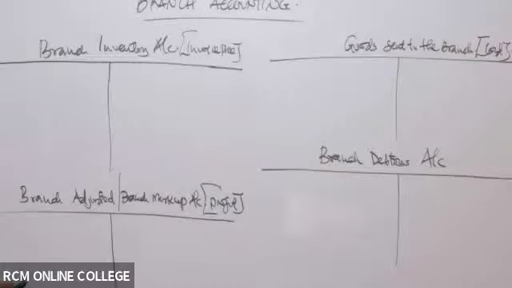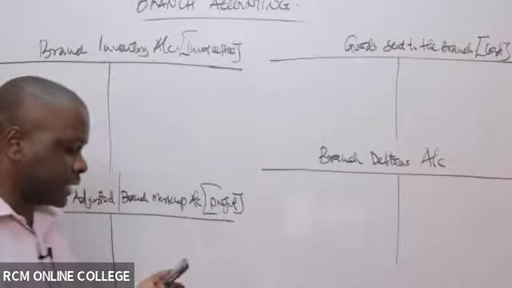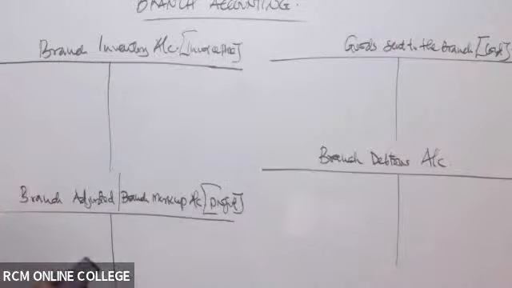So the first entry, the opening balance, you can see the first item up there in the question. The opening balance for the branch inventory at invoice price is 300,000.